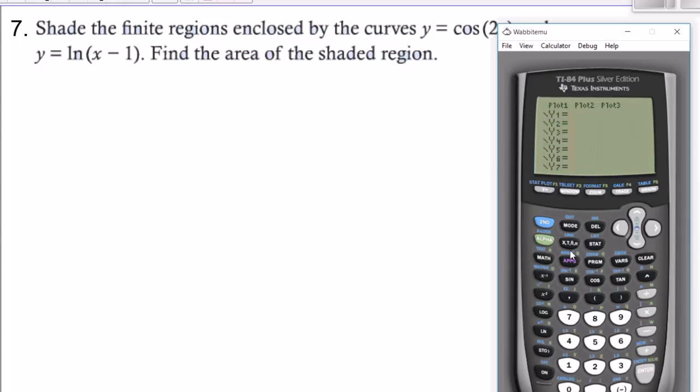Plug in cos 2x, plug in ln x minus 1. So if I graph it, it looks something like this. Let me try the standard window just to get a clear picture of what's going on here.